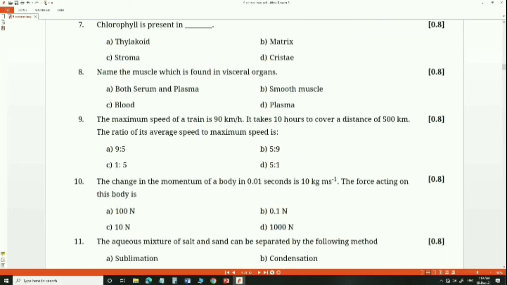Now seventh question is, chlorophyll is present in thylakoid, matrix, stroma, cristae. Tell me the true answer.